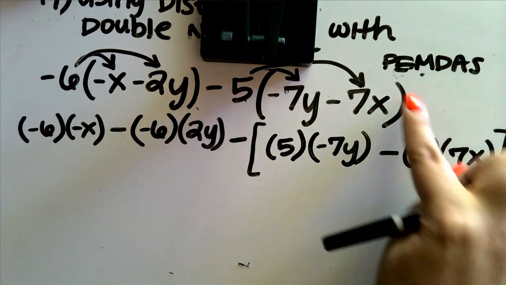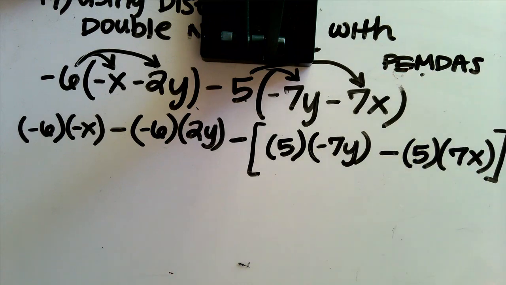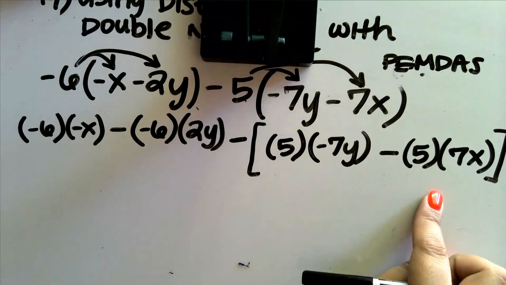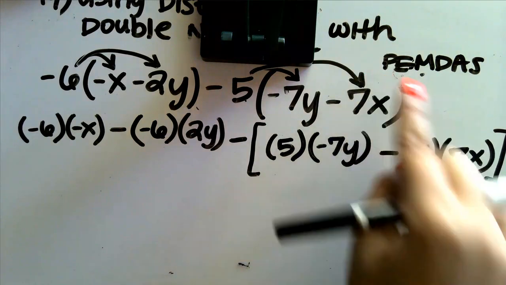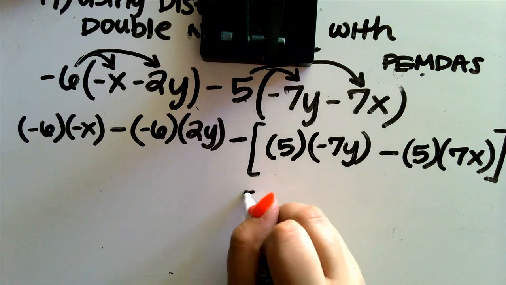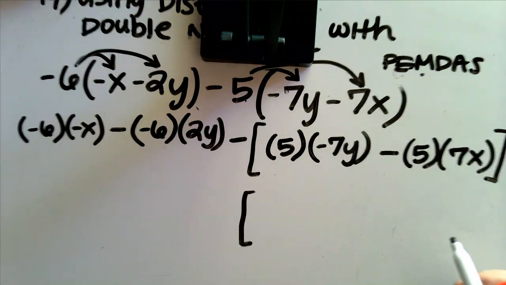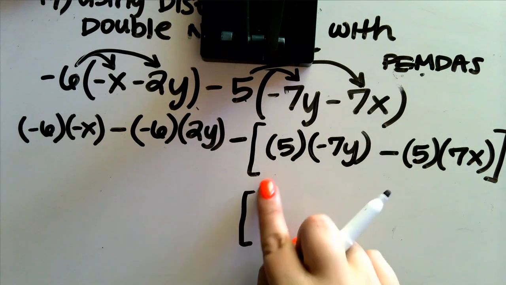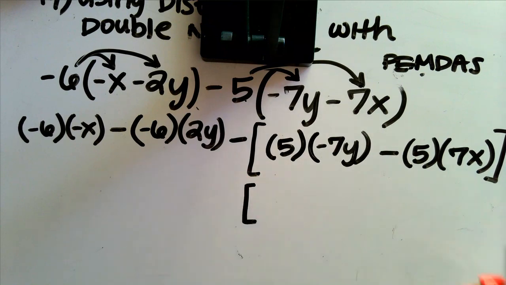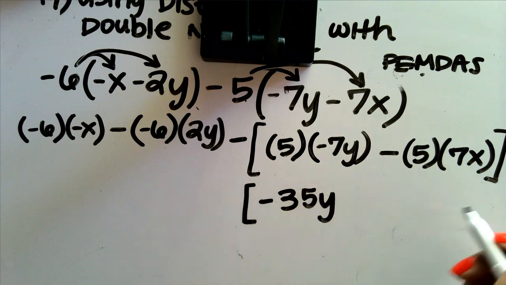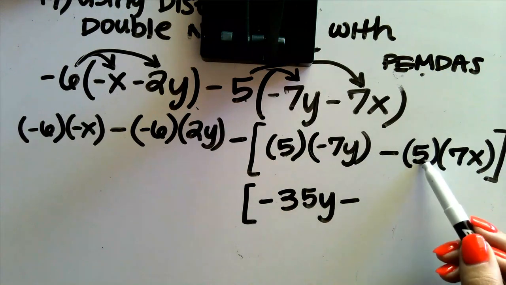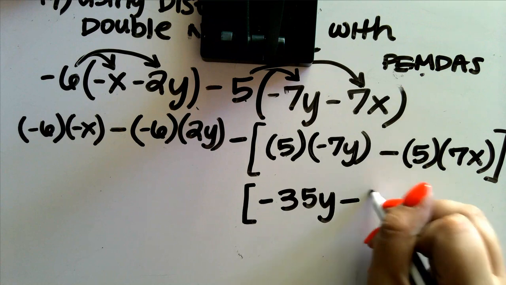So let's go back and think again about our PEMDAS. Now, we do have a set of parentheses, but this time they're brackets, same thing. We do have some operations to be doing inside of our big parentheses here, or this bracket, whatever we want to call it. So let's go ahead and do this multiplication in here first. 5 times -7y is -35y minus 5 times 7x, which is 35x.